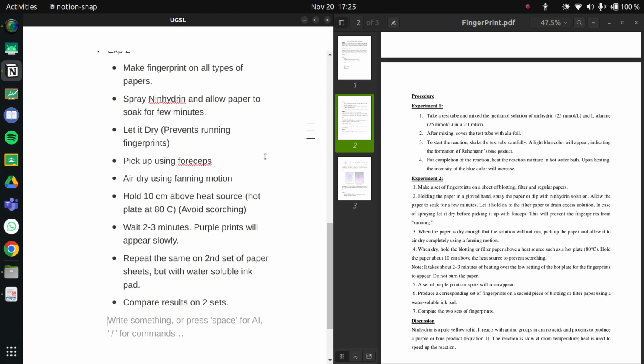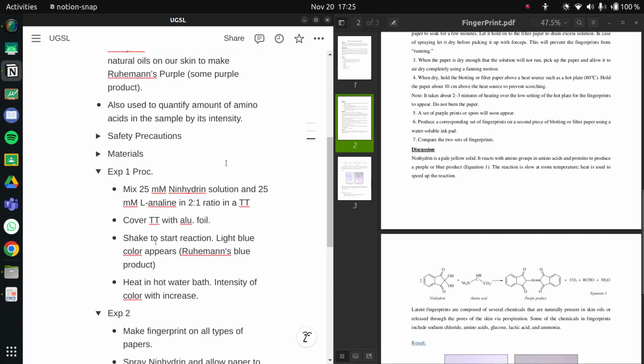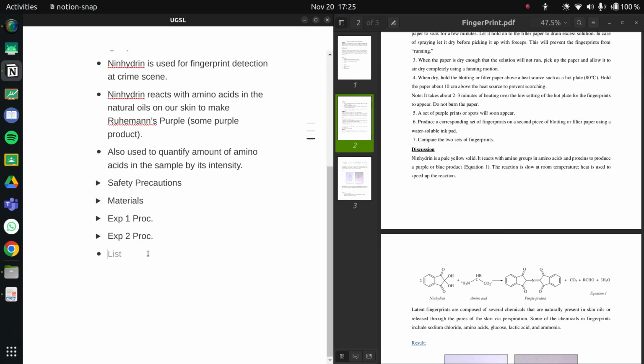So it's a pale yellow solid, reacts with amino groups in amino acids and proteins to produce a purple or blue product. So this is where the important stuff is. Right, so ninhydrin is a pale yellow solid.